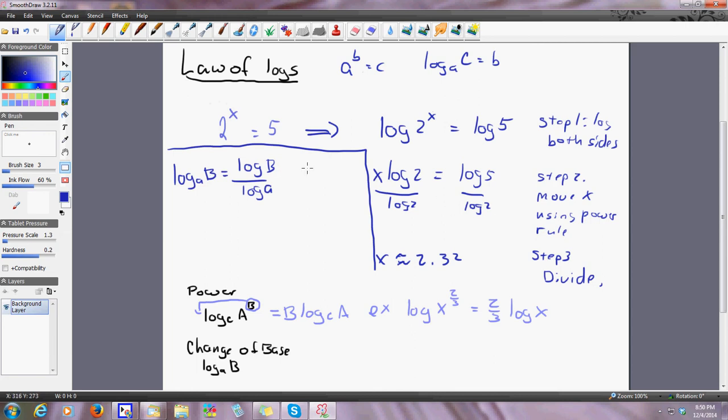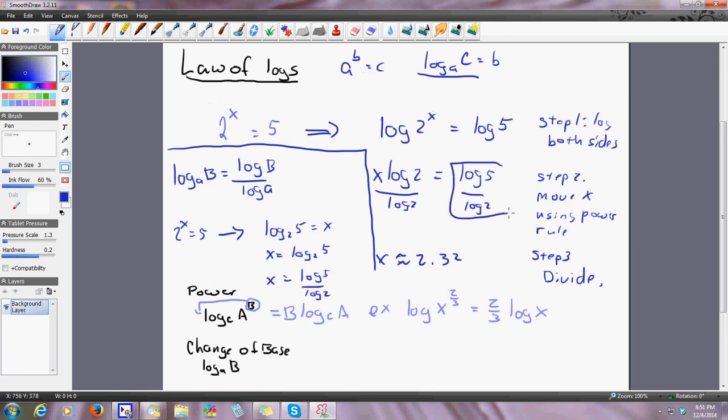Take a look. The reason why that works is because if I started with 2 to the x equals 5, and then I did this, which is what I started to do before, I would get log base 2 of 5 equals x. But log base 2 of 5 equals x, according to the change of base formula, I'm just going to rewrite like this: log of 5 over the log of 2.